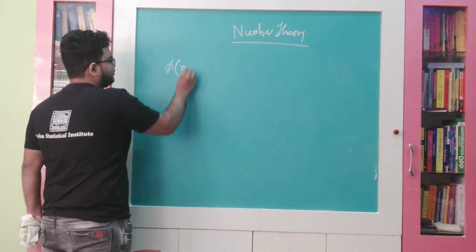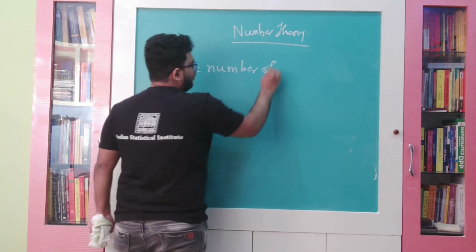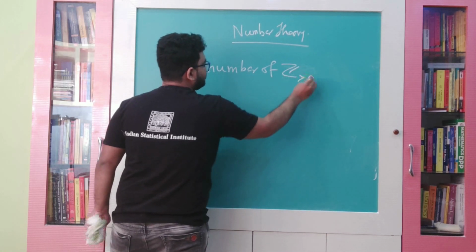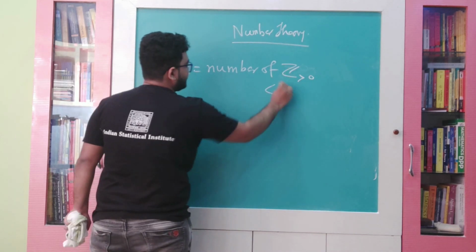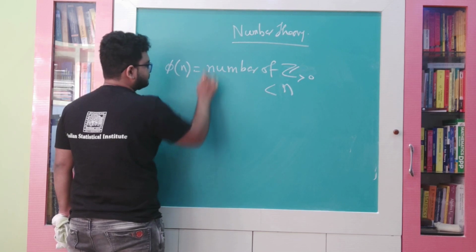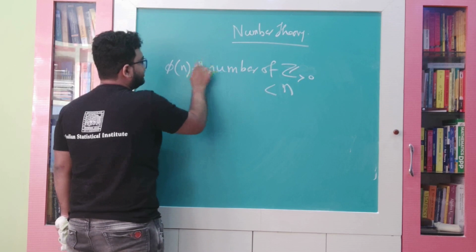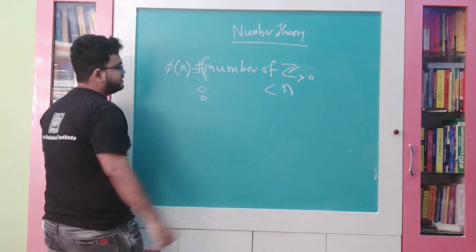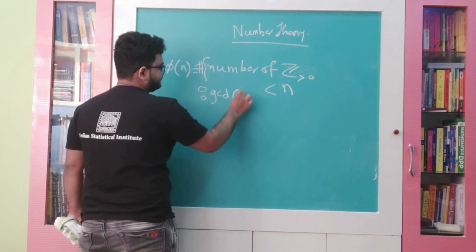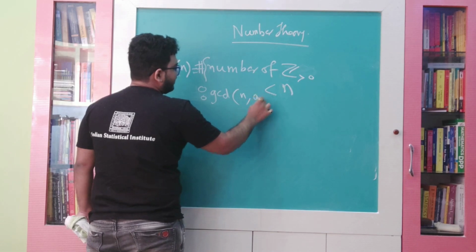Now phi(n) equals the cardinality of the set of integers a, greater than or equal to 1 and less than n, such that gcd(n, a) equals 1.